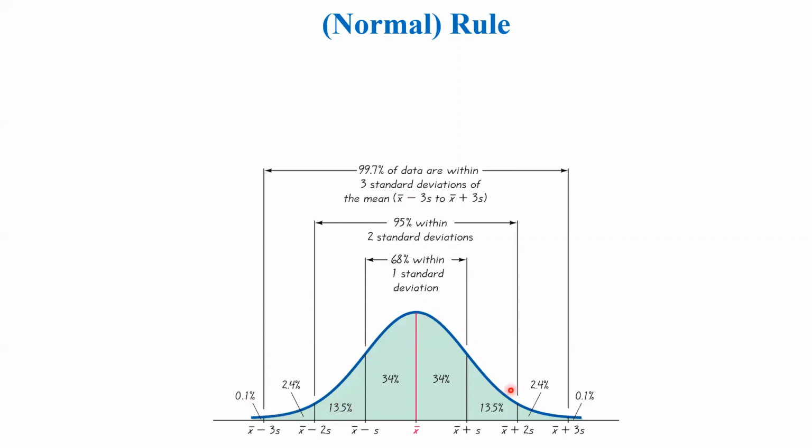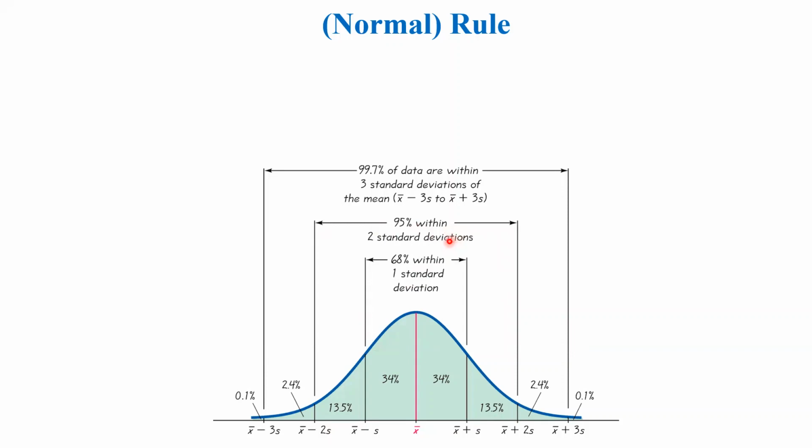So this is a normal distribution, and we assume that at the normal distribution our mean is at 0. Okay, and at 1 standard deviation we have 34%, and on the other side is 34%. So we have a total of 68% of the area under the curve within 1 standard deviation. Now at 2 standard deviations, that figure goes to around 95%.